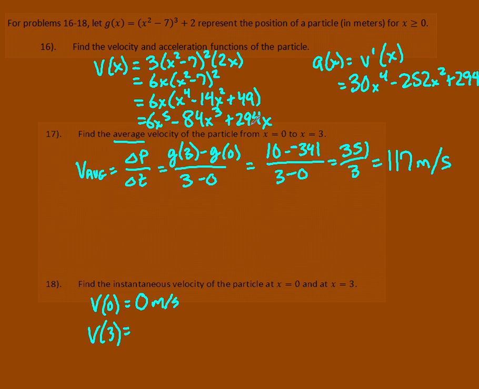When I plug in 3, if I had a calculator, I could plug it right in. But the easiest one to plug into is this first one right here. Without a calculator, I have 3 times, 3 squared is 9, minus 7 is 2, and 2 squared is 4, and then 2 times 3 is 6. So 3 times 4 times 6 is 72. My answer here is 72 meters per second.